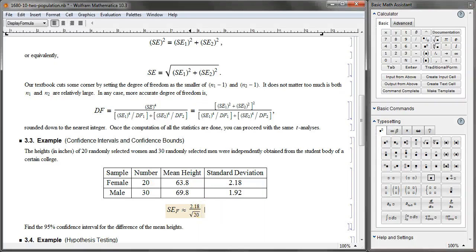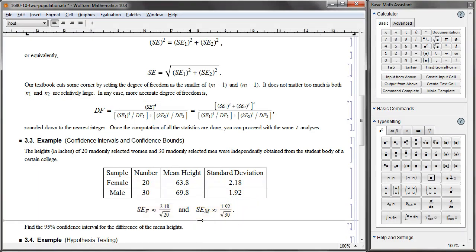And then how about the standard error for men? It's going to be 1.92, the standard deviation, over square root of 30. The sample size, square root of 30, excuse me, sorry about the typo. Okay, you calculate these and you're going to get the standard error for female and male respectively.